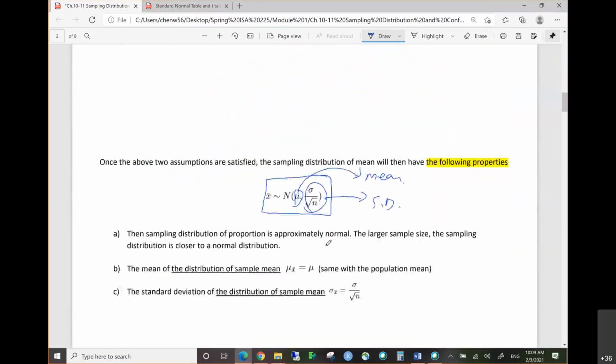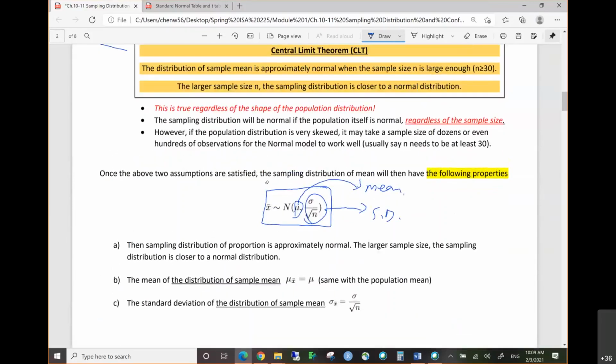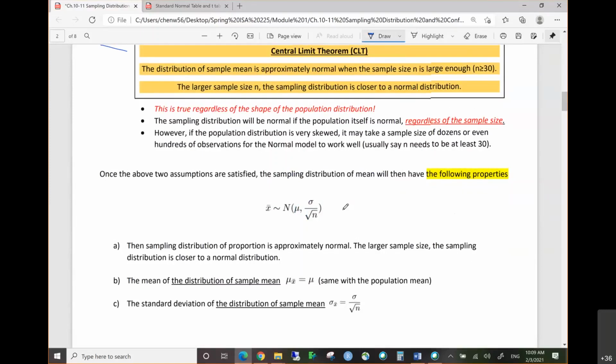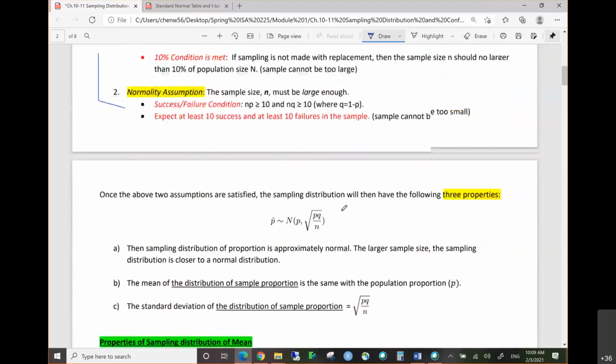Based on this sampling distribution, we can calculate the probabilities to the left or to the right. But actually, this is not our goal for studying the sampling distribution.